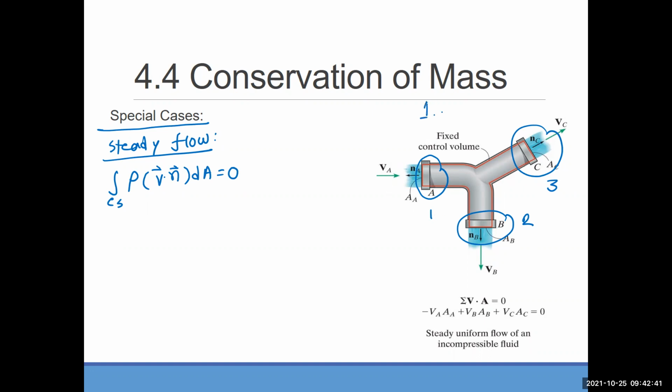For 1, it's incoming flow, right? And for 2 and 3, those are what? Outgoing, okay? So what I will do, I will just remove the integration. Instead of integration, I'll just write down the summation.